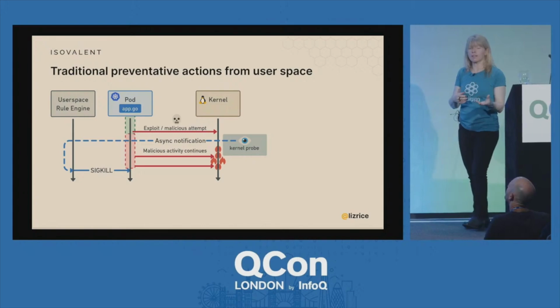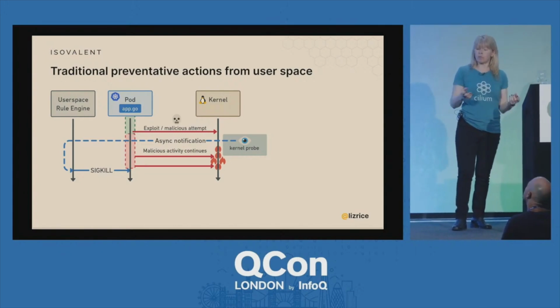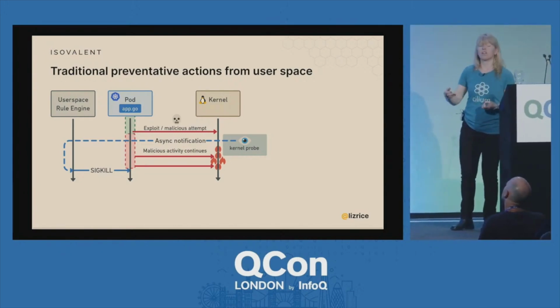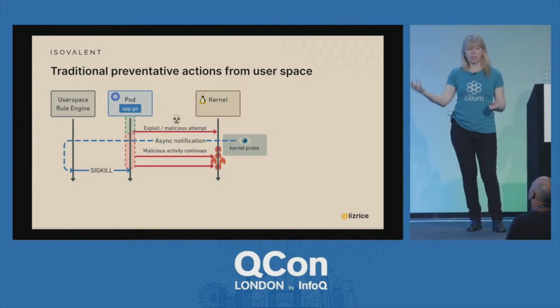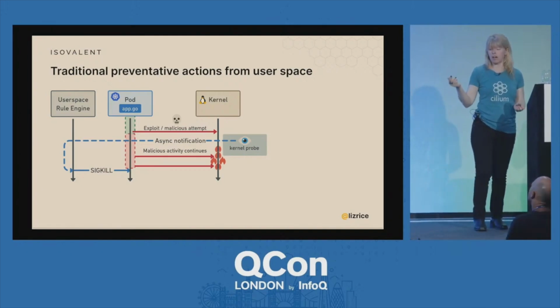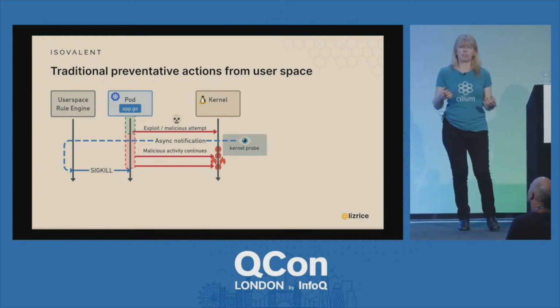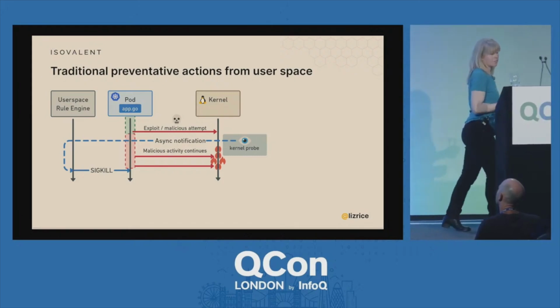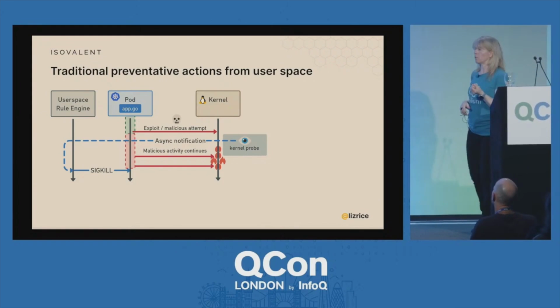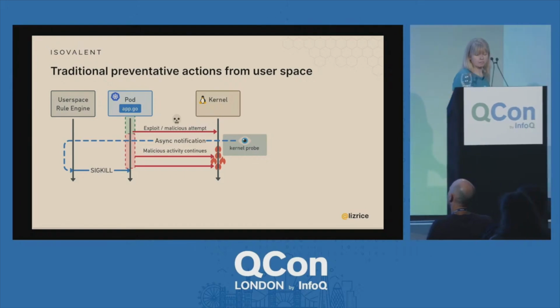User space looks at it, compares it against a policy, realizes this looks suspicious, and in an enforcement mode, it would do something like kill the process. Now, unfortunately, there is time between spotting that the malicious event occurred and actually killing the process. That time might be enough for damage to be done, for malicious activity to have happened, maybe data to be exfiltrated. Certainly, if the thing you were looking at was malicious network activity, it already happened by the time you killed the process.